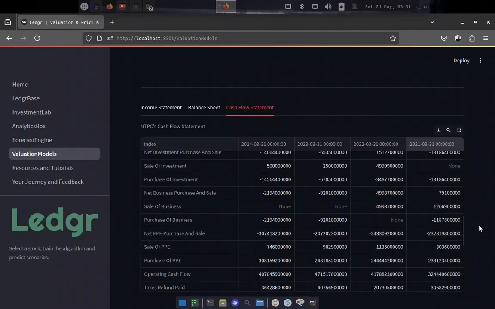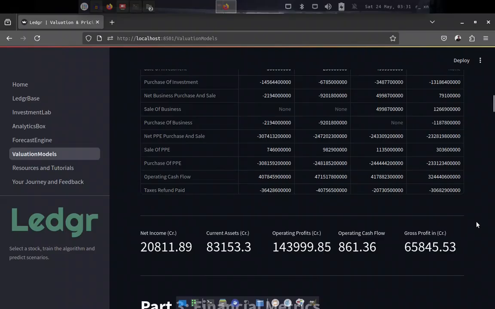Let us move down. Next is a smooth dashboard which clearly tells everyone what these 5 parameters are. The first is net income, which is in crores INR.